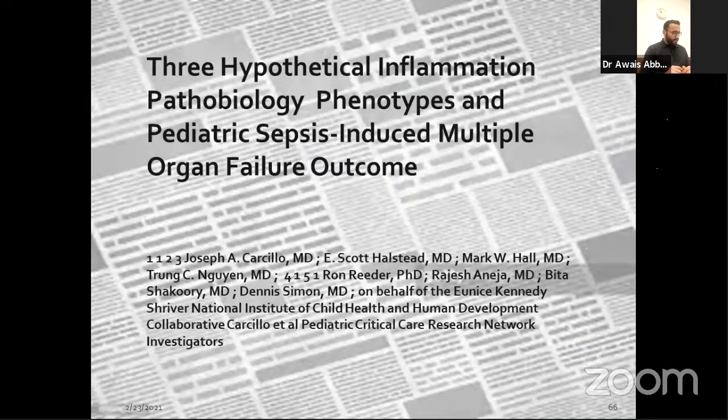So first, in 2017, Dr. Carcillo himself described these three hypothetical inflammation phenotypes in pediatric sepsis-induced multi-organ failure. Before that, these phenotypes weren't defined.